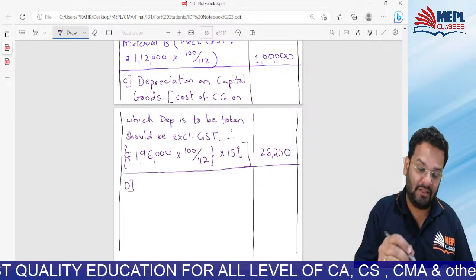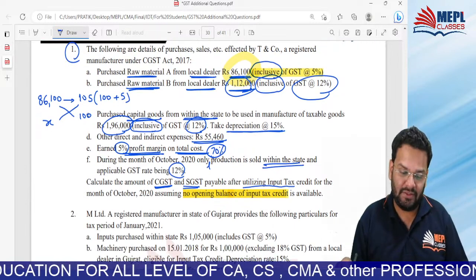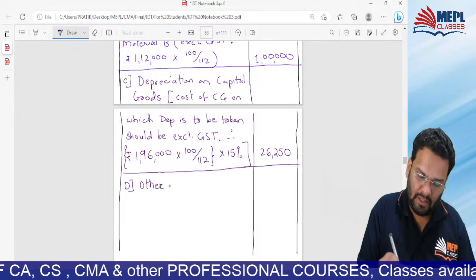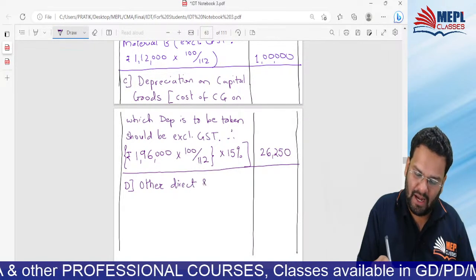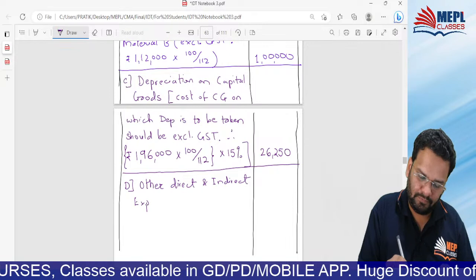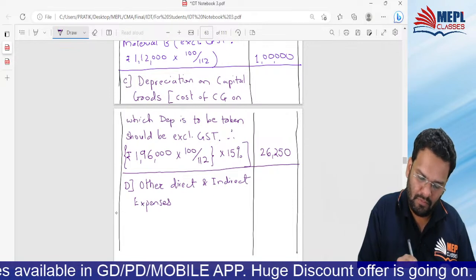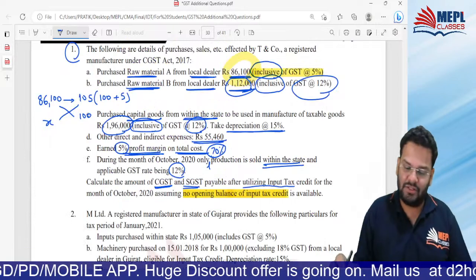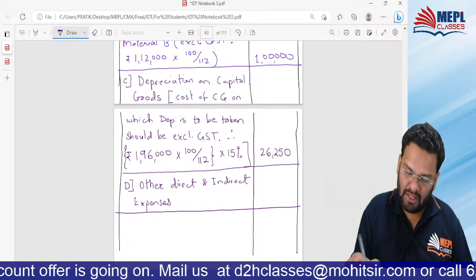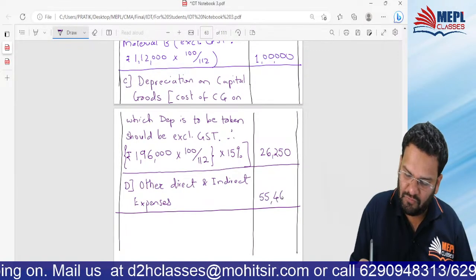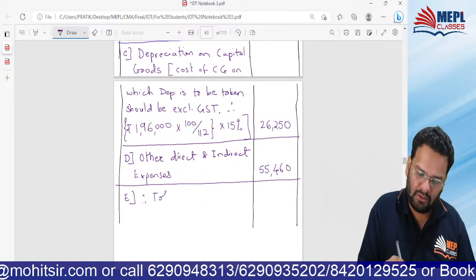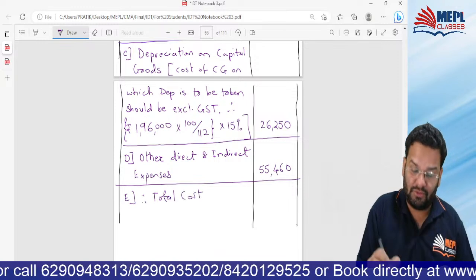And finally, there is other direct and indirect expense, which is 55,460. So take 55,460. Therefore, you will get total cost.